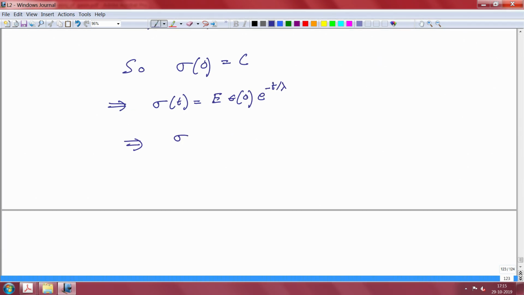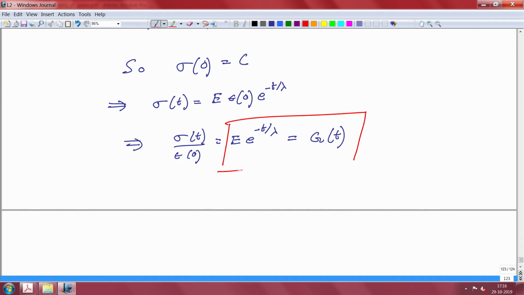So, your stress relaxation function is actually this quantity. So, with the jump condition, now you are able to get a proper equation for G.